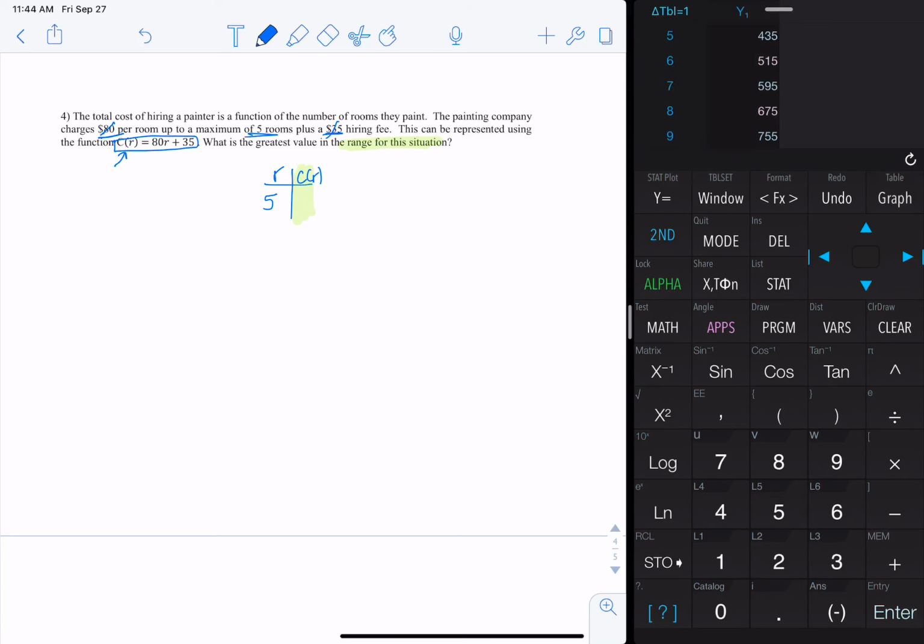Go back to the table, and it's going to cost $435. So your answer here is $435. That is the maximum that it could cost, all right? And that is it.